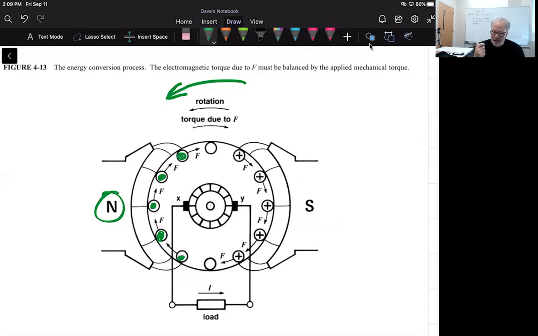All the conductors under the South Pole would have current going in the opposite direction, going away from us. That's what he's indicating with these pluses: the end of the arrow going into the South Pole and the point coming toward us on the North Pole.